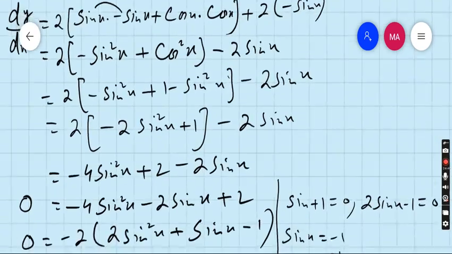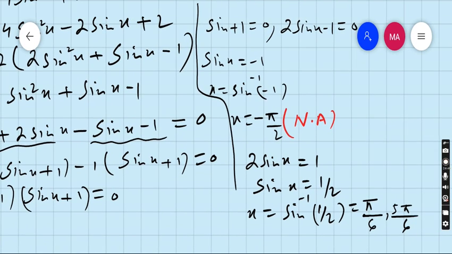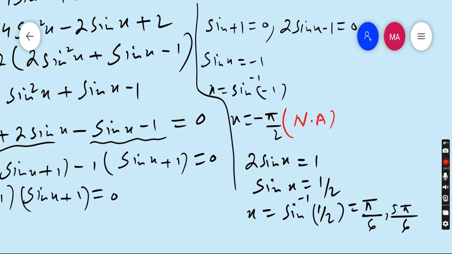So we have two values of x. One is pi by 6 and the other is 5 pi by 6, and both these values are in our domain from 0 to pi. So we will accept both values. Now find the value of y.